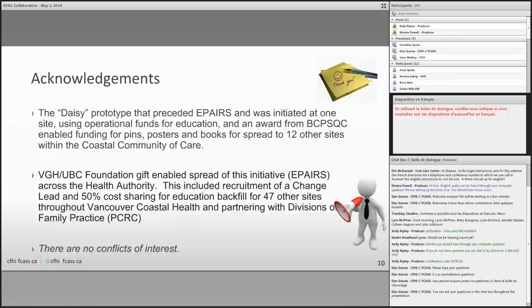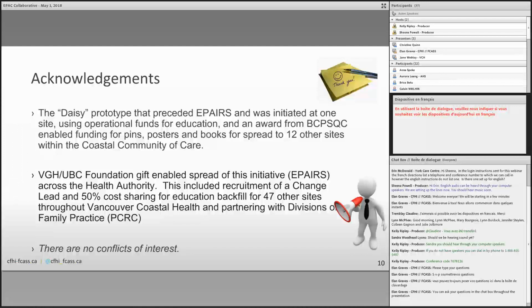It wasn't very successful, but we did then move to another site and were fortunate enough to make some changes that were recognized by the BC Patient Safety and Quality Council, who gave us an award, and with that money we were able to buy pins, posters, books to spread that to 12 other sites. And then following the success of those other 12 sites, we were very fortunate to have a foundation gift via VGH and UBC to spread the initiative to a total of 48 sites.